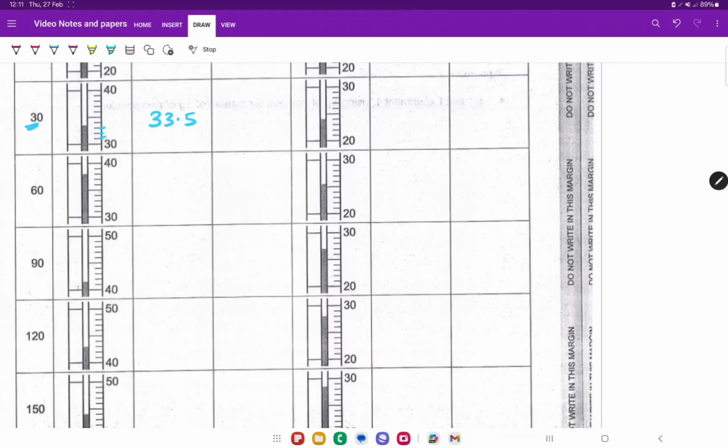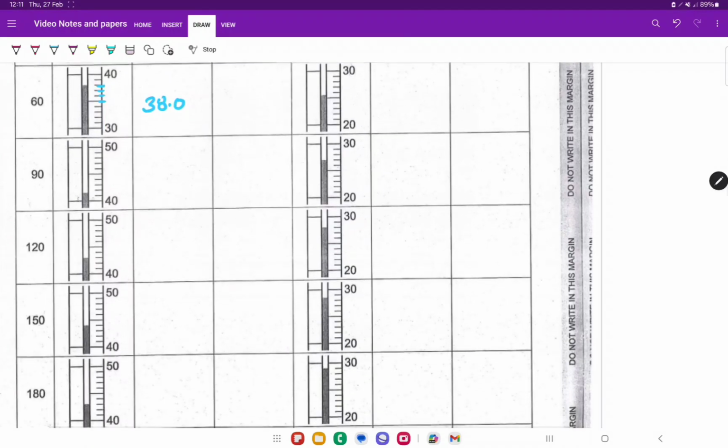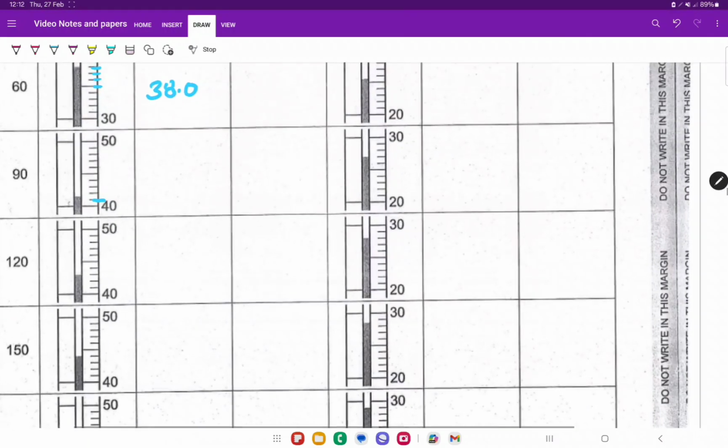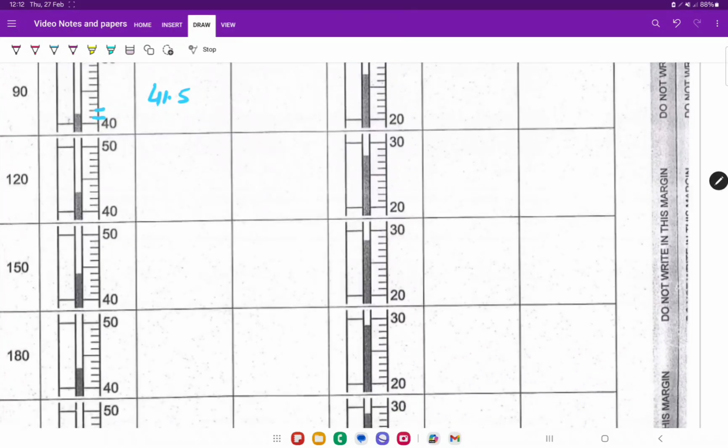Next is 35, 36, 37, 38. Now it is on 38.0. Next is 40, 41, and it is below 42, so we can say it is around 41.5. Next is 43.0.